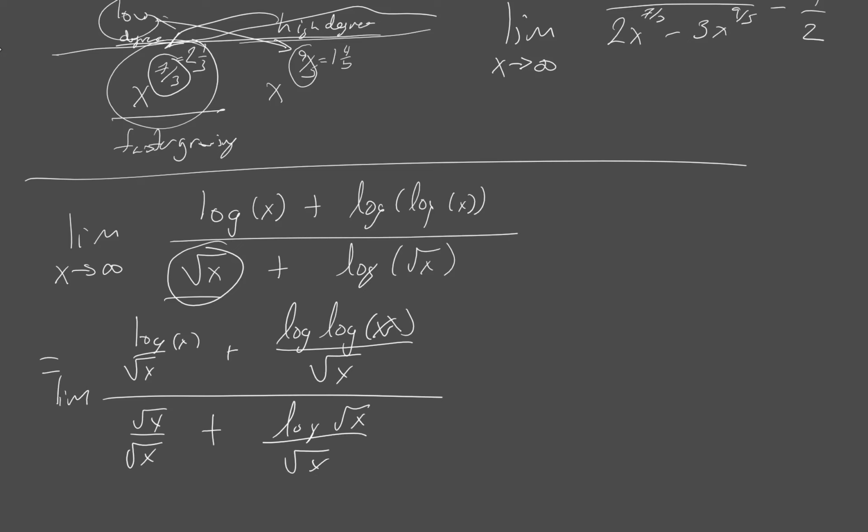I haven't taken a limit yet, so I should write that in there. This goes to 0 because the denominator grows faster. This goes to 1. And this goes to 0 because the denominator goes faster. This looks like 0 over 1, which is 0.